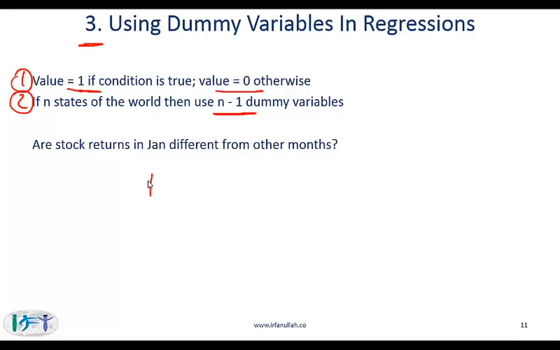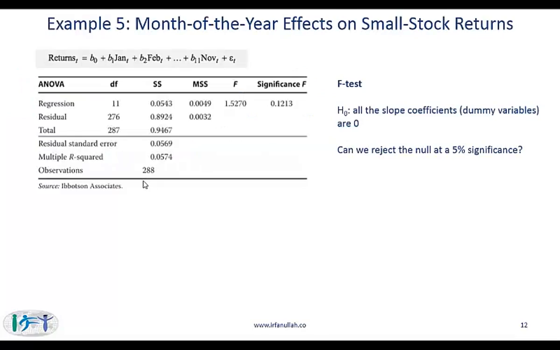There will be several other studies that you do which rely on multiple dummy variables. For example, we look at example 5 in the curriculum now. What we are doing here, and I'm skipping the text, I'll just describe it to you. We are looking at the month of the year effects on small stock returns.